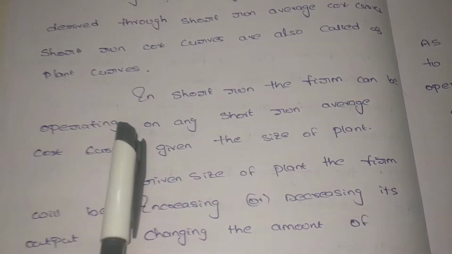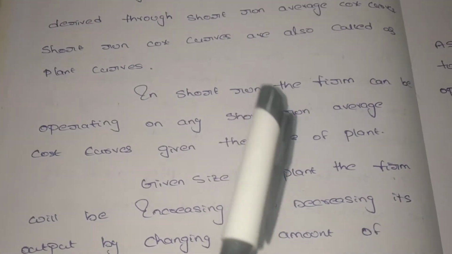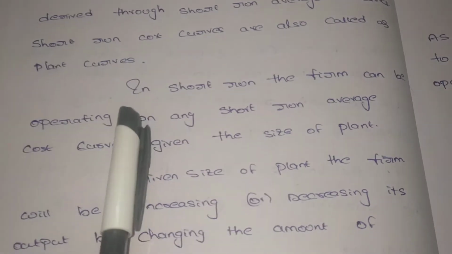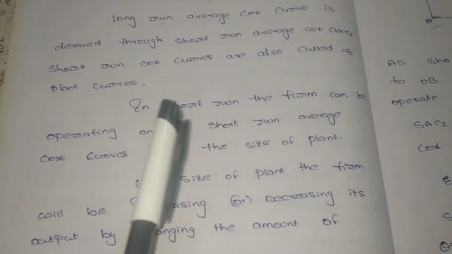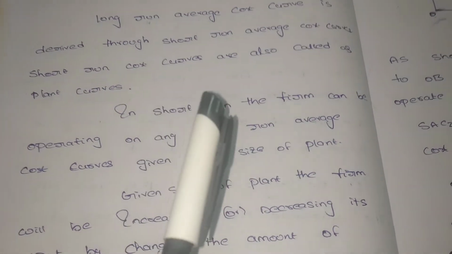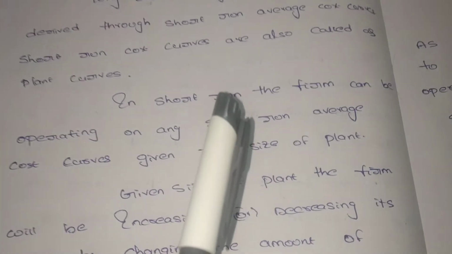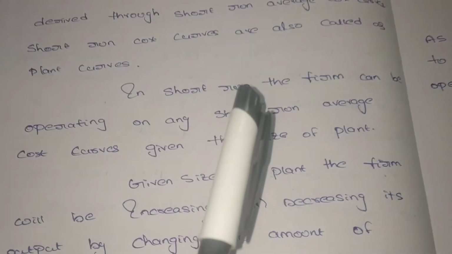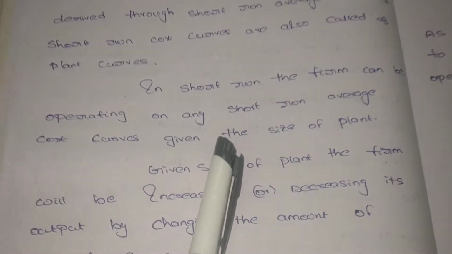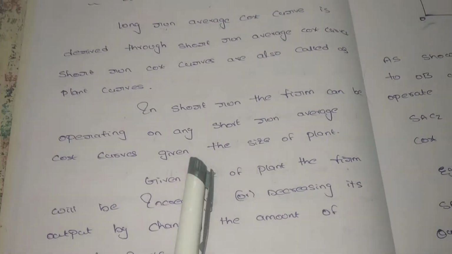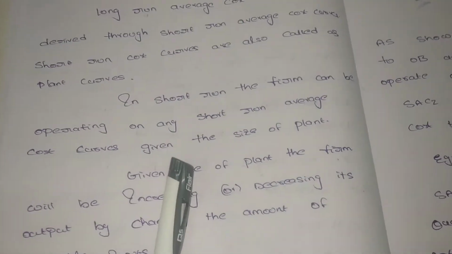Size of the plant means we produce these outputs in these quantities. Suppose we are producing biscuits, so our plant size is that per week we produce 100 biscuit packets. So this is our plant size, and plant size is based on the short run average cost curve.